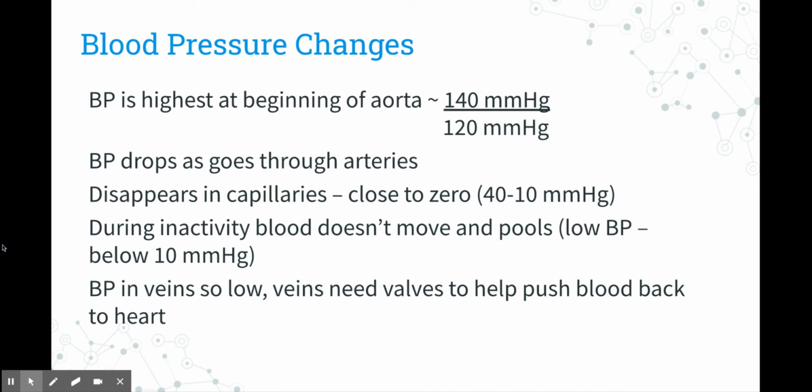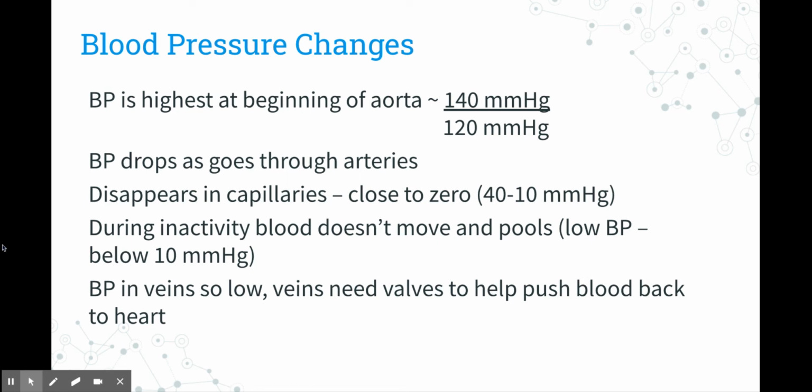Blood pressure is not the same throughout the entire body. It's the highest at the beginning of the aorta. Just as blood is leaving the heart is where your aorta, your blood vessel, experiences the highest amount of pressure. In the ascending part of the aorta, pressures can be as high as 140 over 120, and that's a normal, healthy pressure.